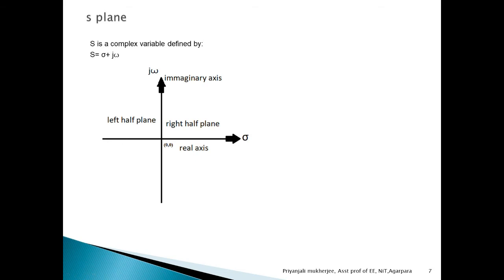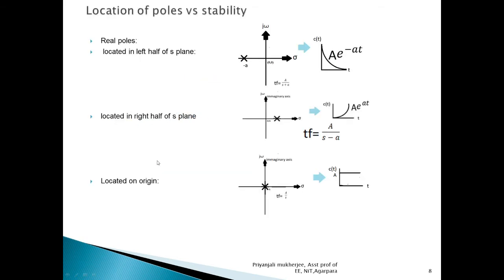According to the pole locations in this plane, we can determine the stability of the system. Now, let us check how the pole locations affect the stability of the system.